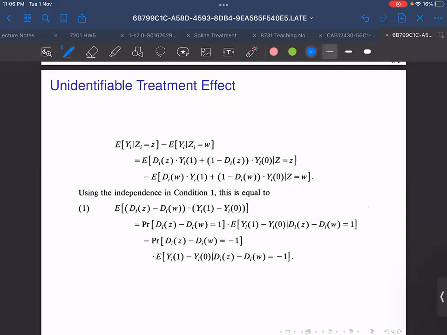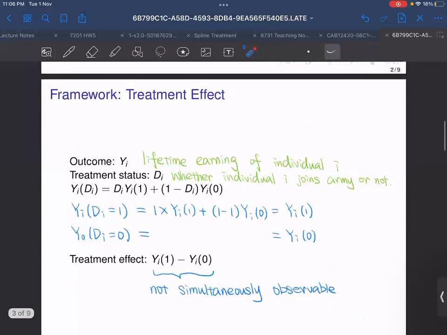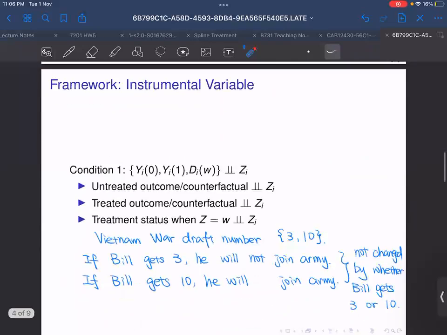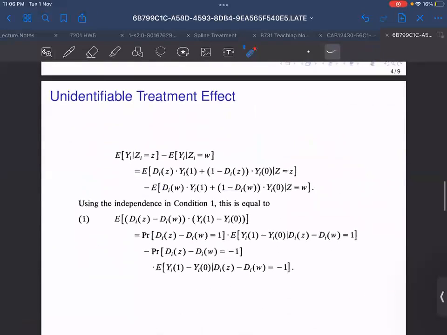And here is a little bit of math. From here to here, we are essentially just using the definition of yi. So left-hand side and right-hand side are equal to each other, right? If you sub in that definition of yi, you will get this, all right? I prepared some notes here to help me explain, because the math is not that straightforward.